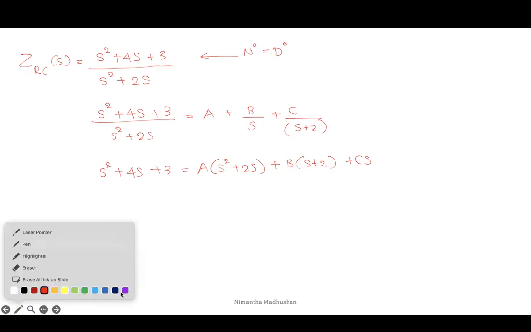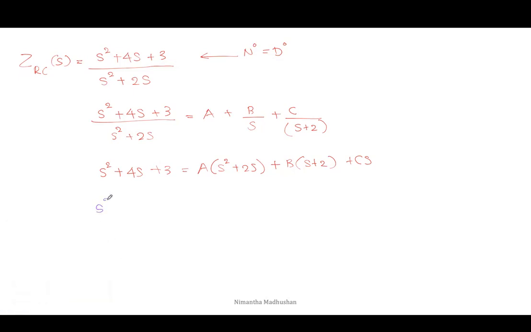For that, first I consider the s squared terms. From the left hand side it is equal to 1, and from the right hand side it is equal to A. The value of A is equal to 1. Then I consider s to the power 1. From the left hand side, the value is 4.